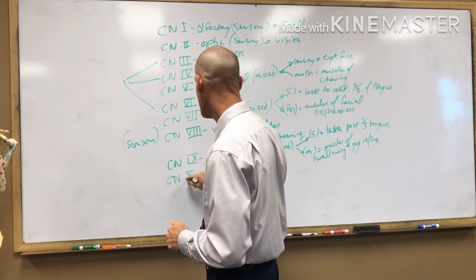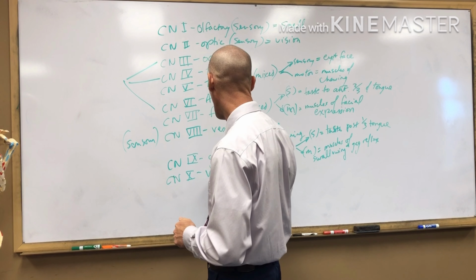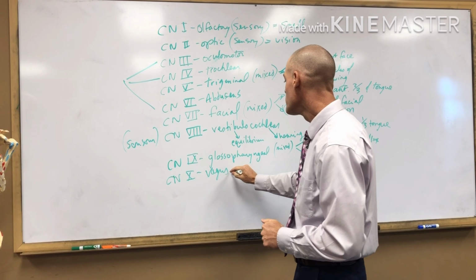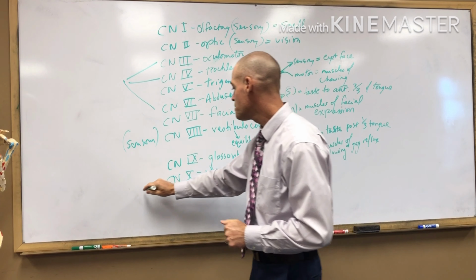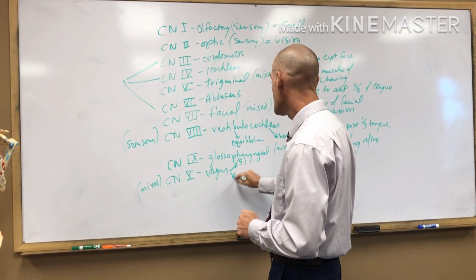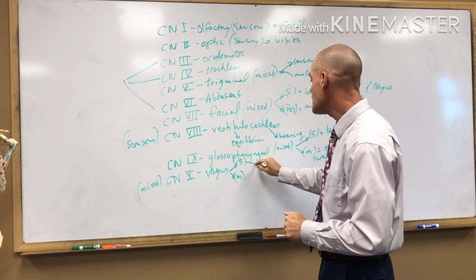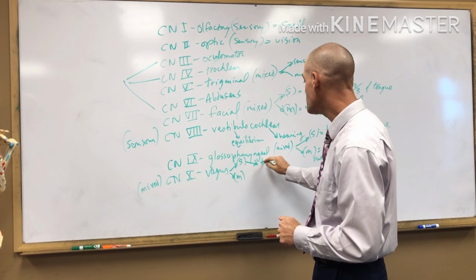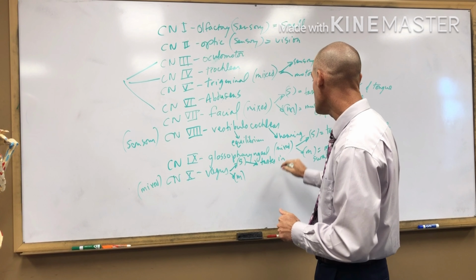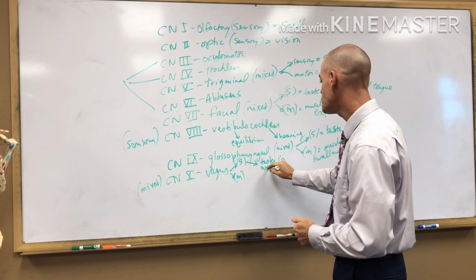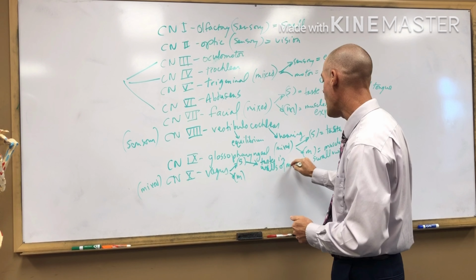Cranial nerve 10 is vagus, which has the widest distribution. It is mixed. All right, mixed over here because we're running out of space. It's going to be sensory and motor. Sensory is going to be taste in walls of the mouth.